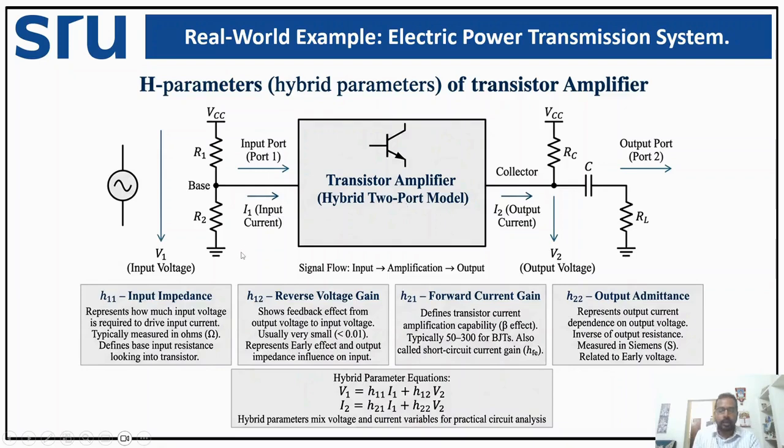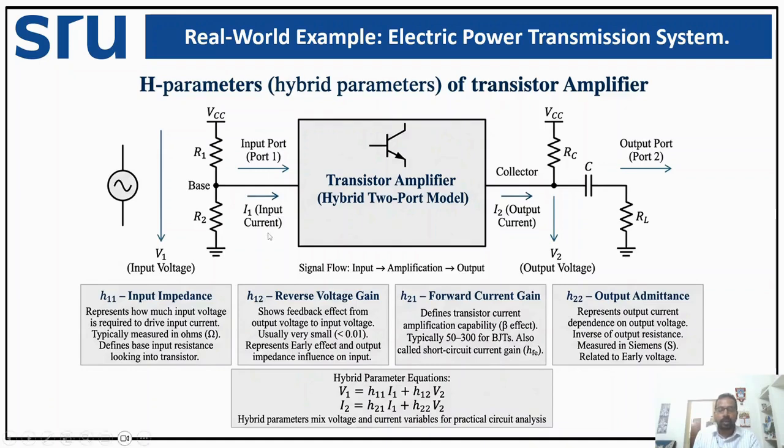Here the input side is the base-emitter region and the output side is the collector-emitter region. So instead of analyzing the internal transistor physics every time, we use the transistor as a black box model based on measurable parameters. This makes circuit design significantly easier.